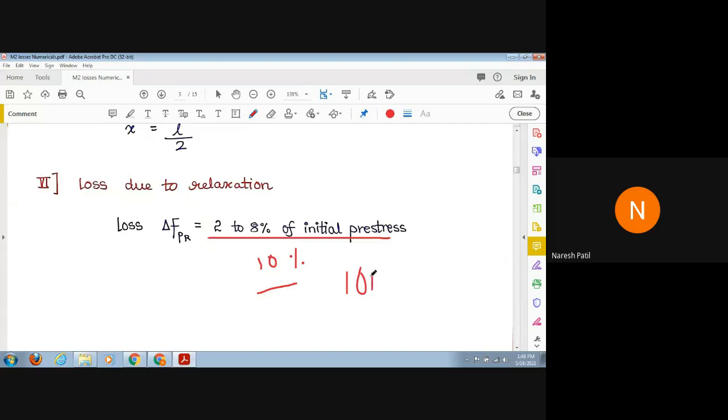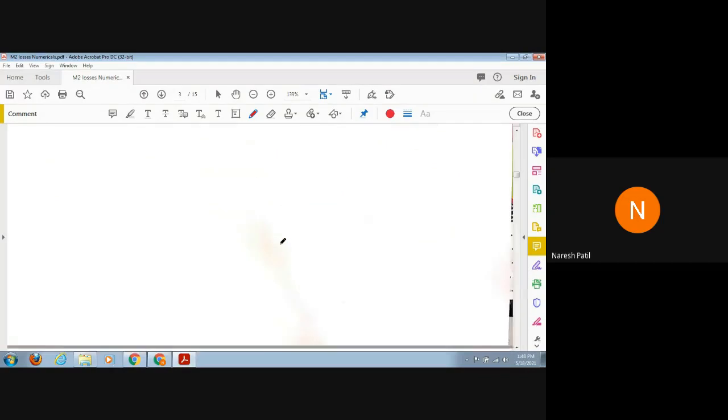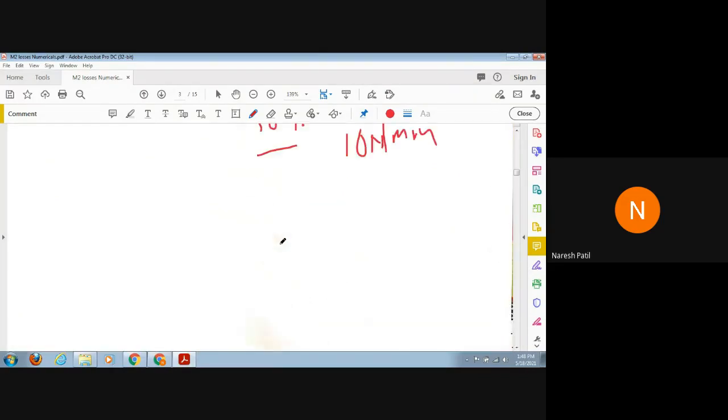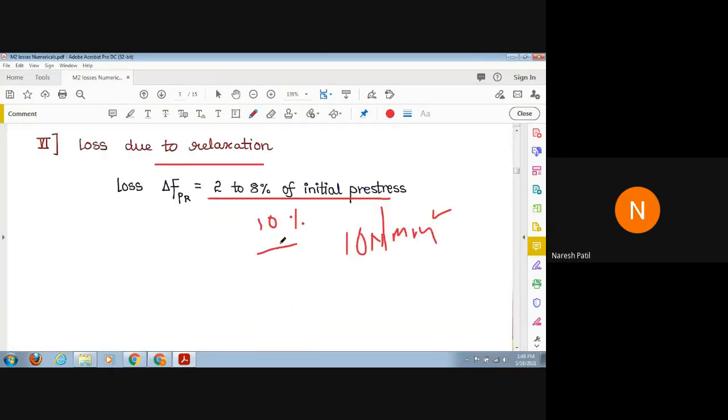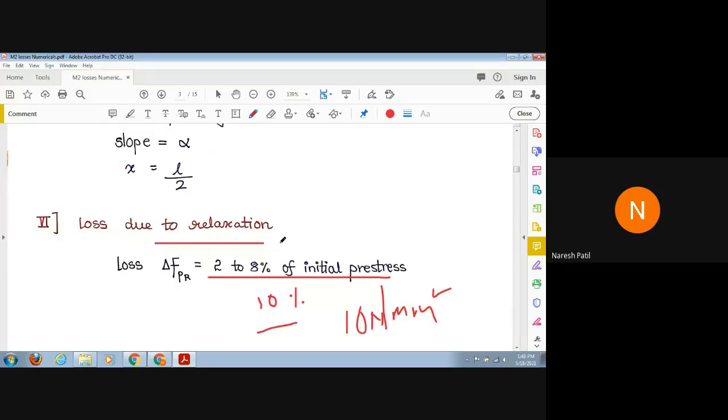Only 10 Newton per mm square will be the loss due to relaxation of steel. Loss due to relaxation of steel means how much loss happened? Out of 100 Newton per mm square, 10 Newton per mm square is lost due to relaxation. Okay, so these are the given equations or formulas for the calculation of different types of losses.